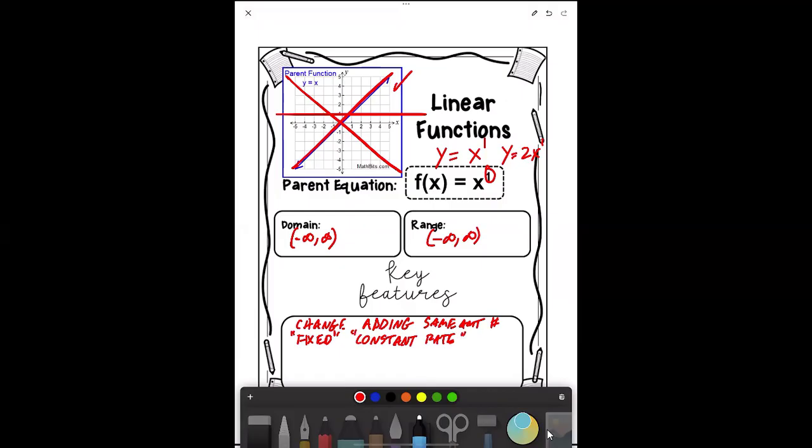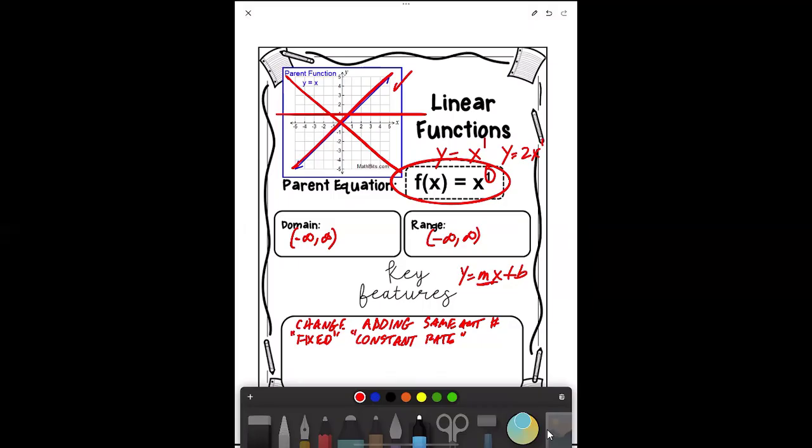When you're dealing with word problems, when it says it's changing by the same amount, changing by a fixed amount, changing by a constant rate, those words indicate a linear function. The format of a linear function is generally y equals mx plus b. This is the parent function, the basis for all linear functions, just y equals x. But every linear function will have a slope.